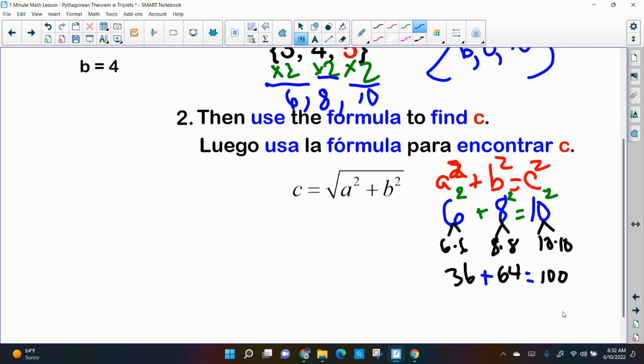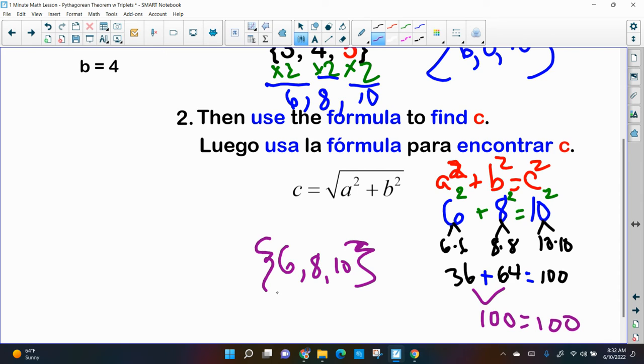So now I'm down to adding my left side, 36 plus 64, that equals 100. And hey, the other side also equals 100. So this new set of numbers that I got, 6, 8, and 10, is another set of Pythagorean theorem triplets.